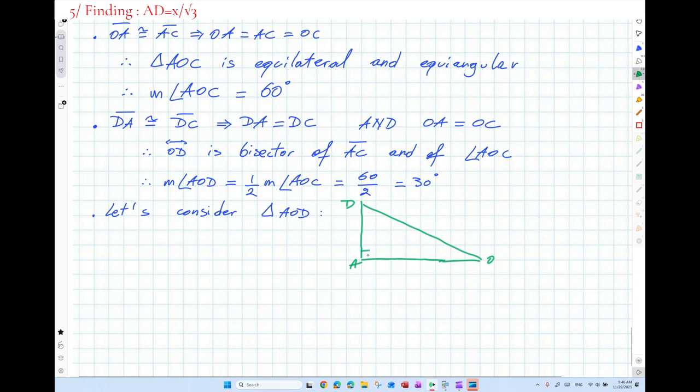AOD. I know that this is a right angle. I know that this is 30 degrees. Therefore, necessarily, this will be 60 degrees.